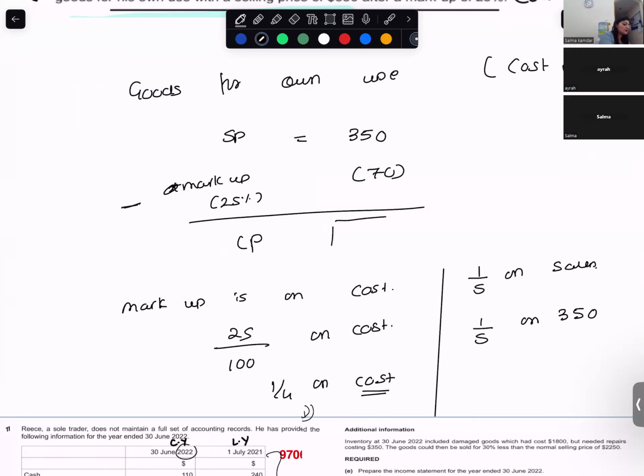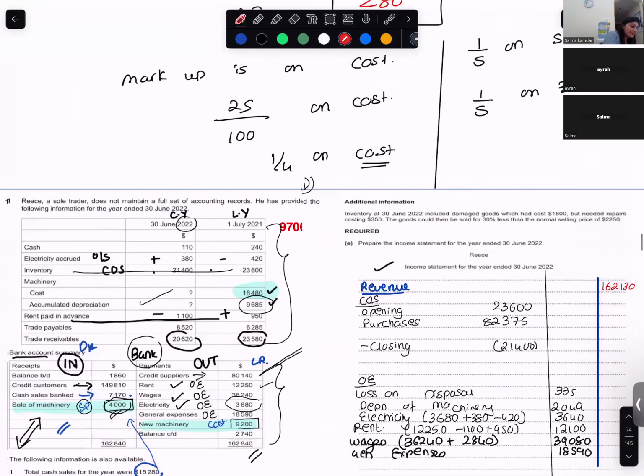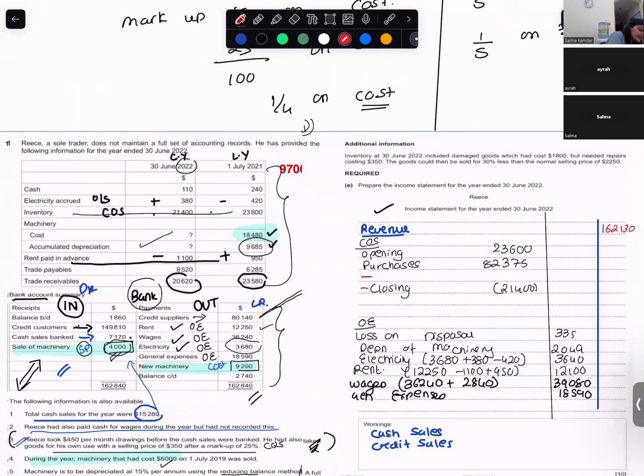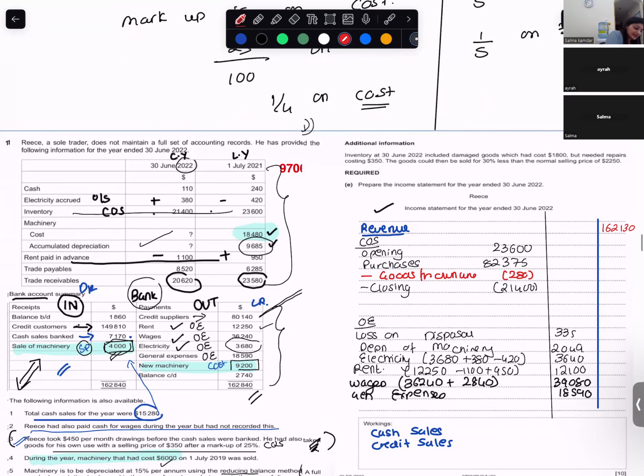So what is the cost of goods for own use? It is 280. So when I am making my income statement, for goods for own use I will minus 280. So I will get my total cost of sales as how much? It will be 84,290.